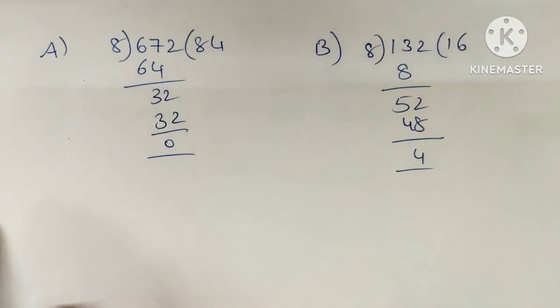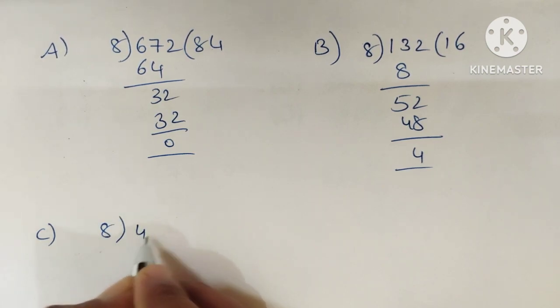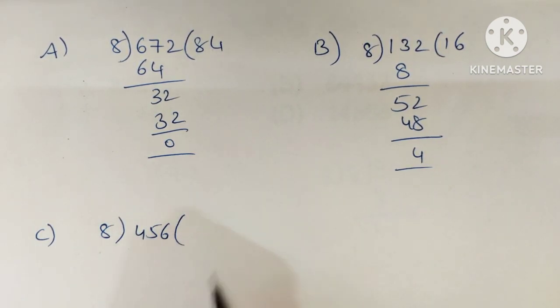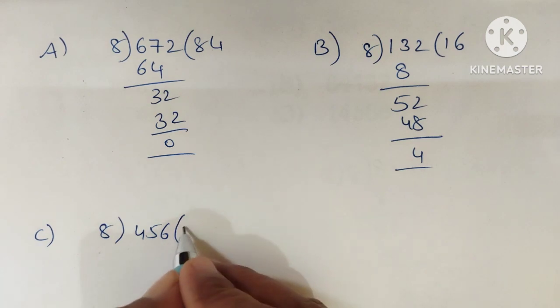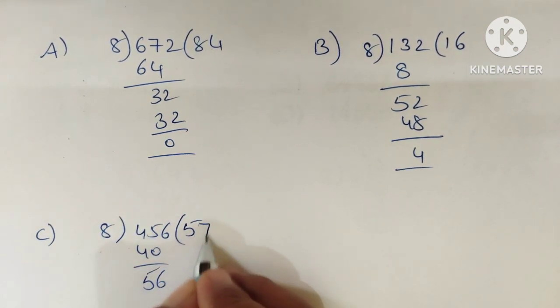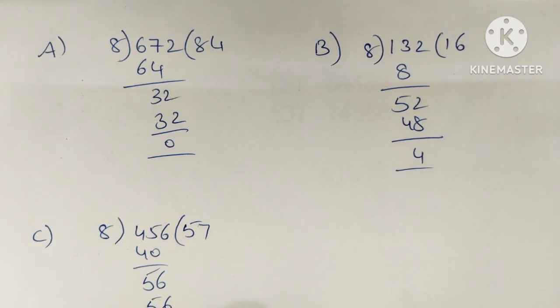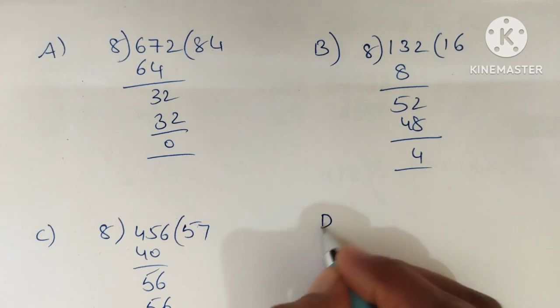C, 456: 8 5s are 40, 8 7s are 56. So this is also divisible by 8.